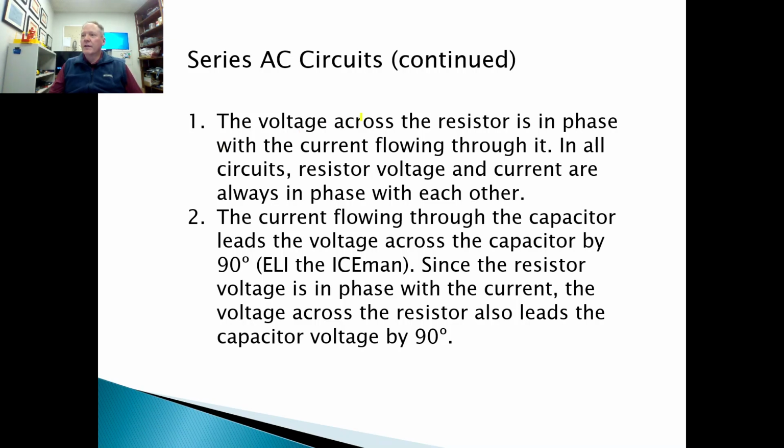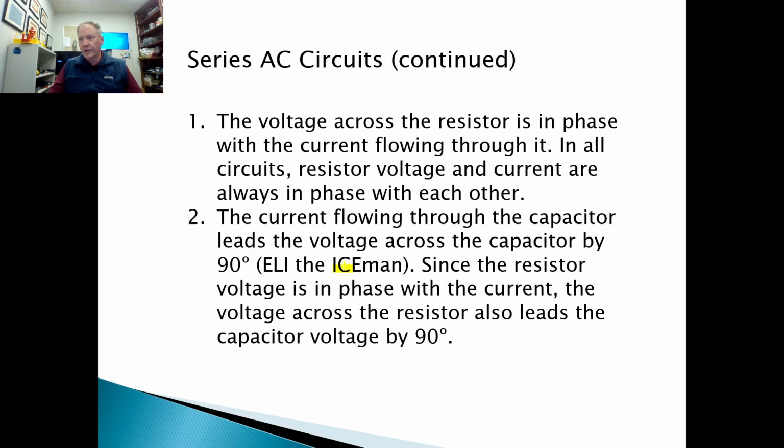Right now, the voltage across the resistor is in phase with the current flowing through it. In all circuits, the resistor voltage and the current are always in phase with each other. Now, the current flowing through the capacitor leads the voltage across the capacitor. Because remember, ICE, right?